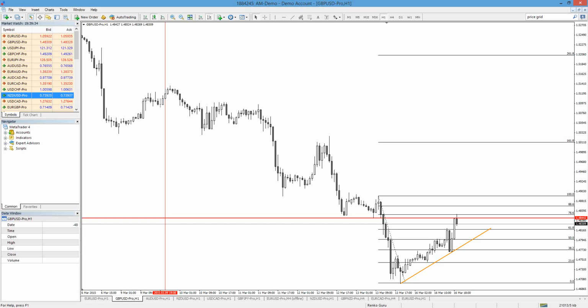Let's see if we will get another push to the upside. 49.00 is where we can place our stop loss. Let's see if we will get some pips. So that is the plan for GBP dollar.